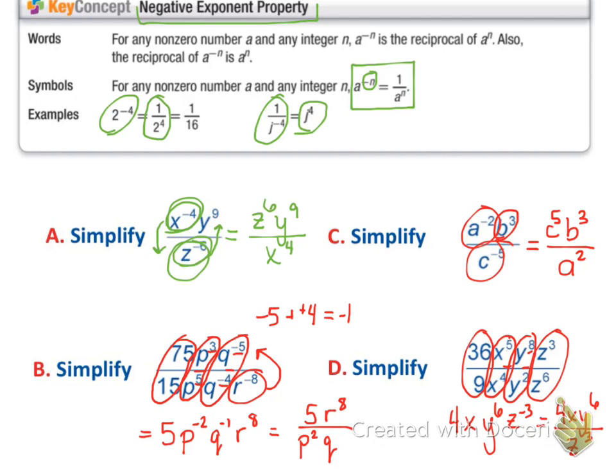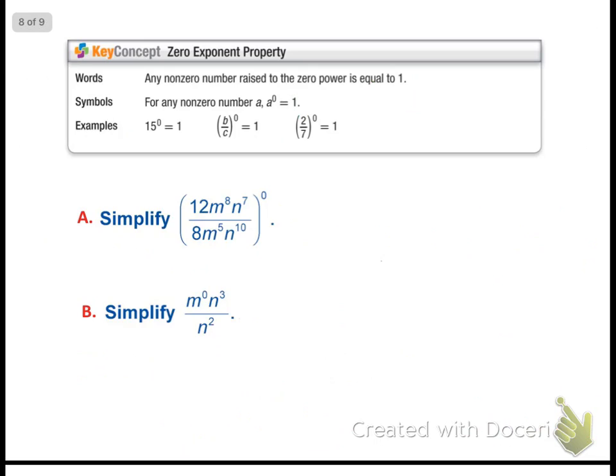All right, last rule, and this is going to be your favorite rule. I can just tell. Okay, so we've already touched on this rule a little bit, but it's the favorite rule. Any number raised to the 0 power is equal to 1. So check this out. This whole thing here is being raised to the 0 power. So guess what? My answer is 1.